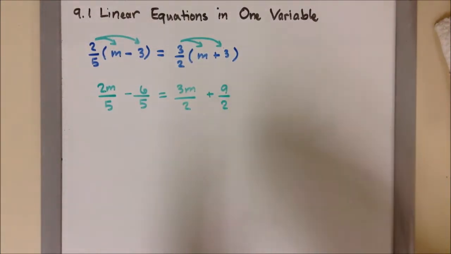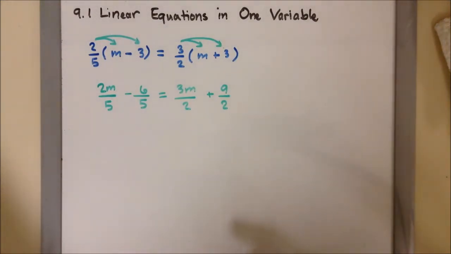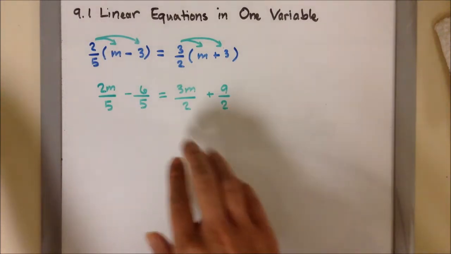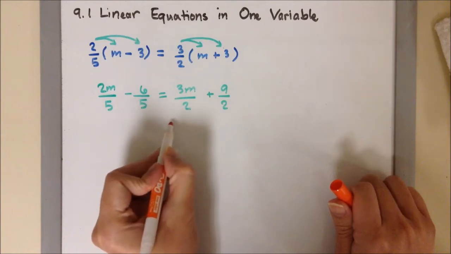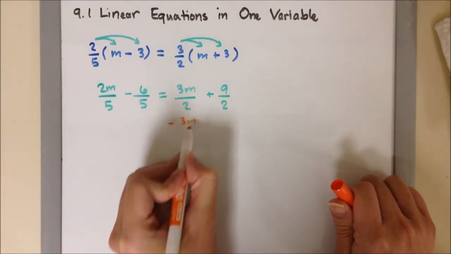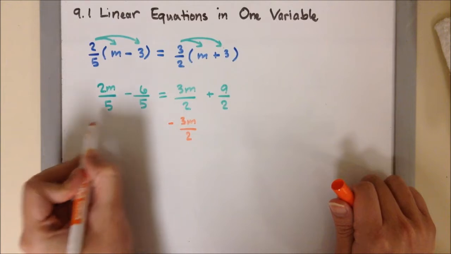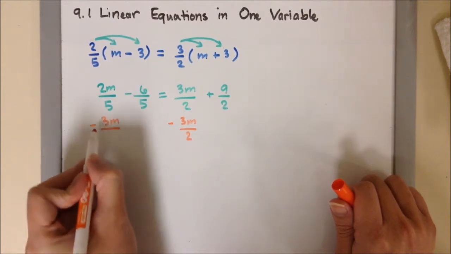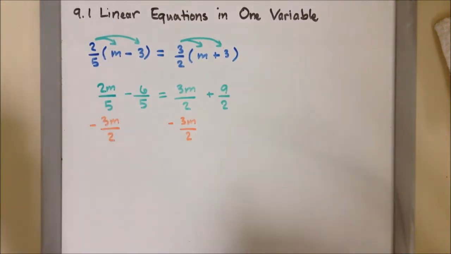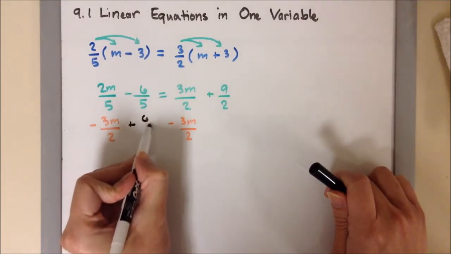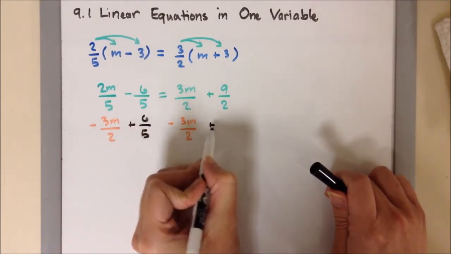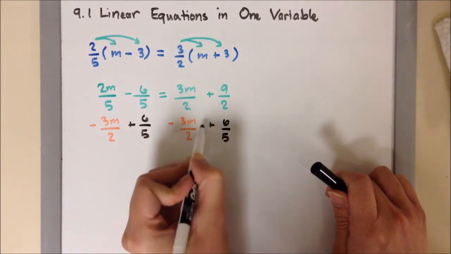Alright, so let's try to get variables on one side and numbers on the other side. So I want to get my m's on the left. So what I'm going to do is I'm going to cancel out the 3m over 2. And then I want to get numbers on the right side, so I'm going to cancel out the negative 6 over 5, so plus 6 over 5 on both sides.